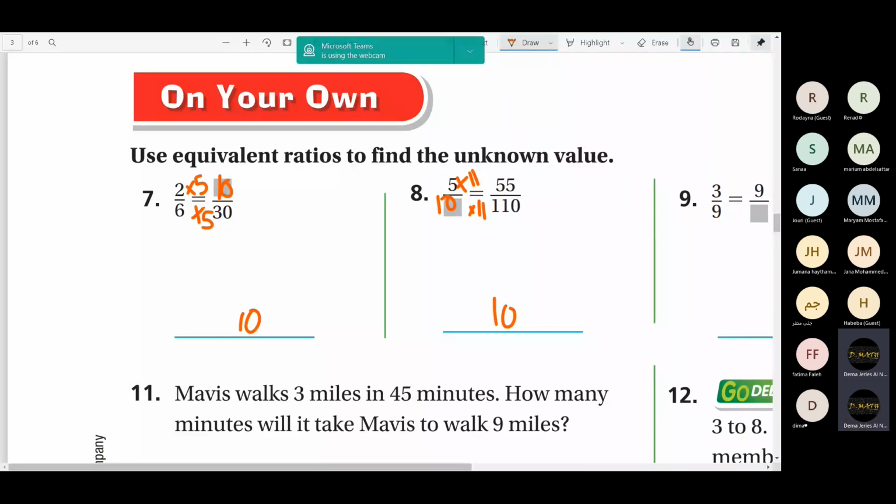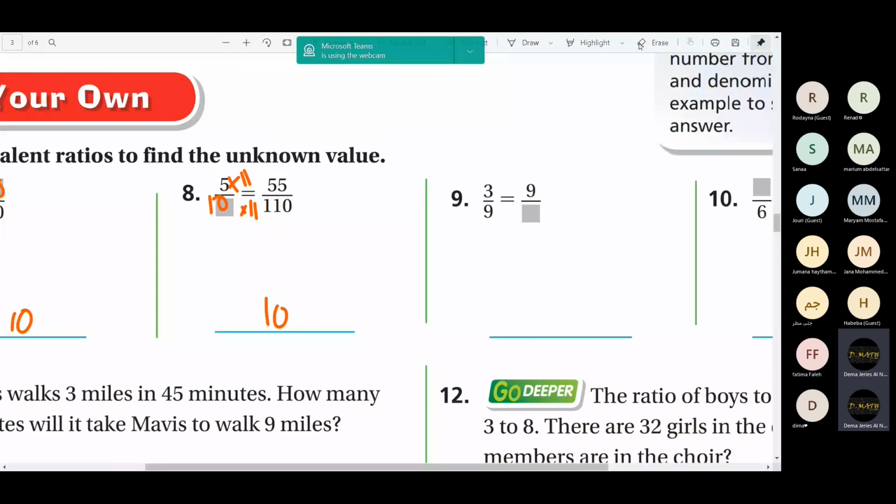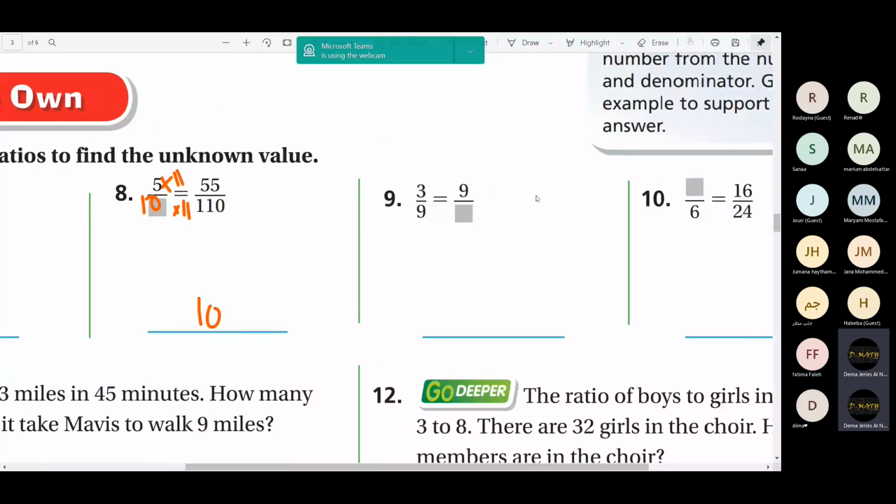Okay, Dima Mansour. Fatima. Yes, miss. Dima now. Yes, Dima. Number 9. How do you make 3 to be 9? You multiply it by what? Okay, Fatima, continue.